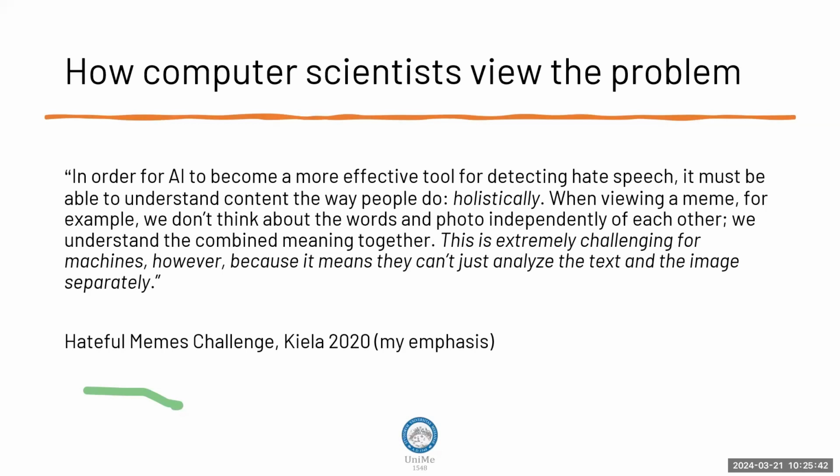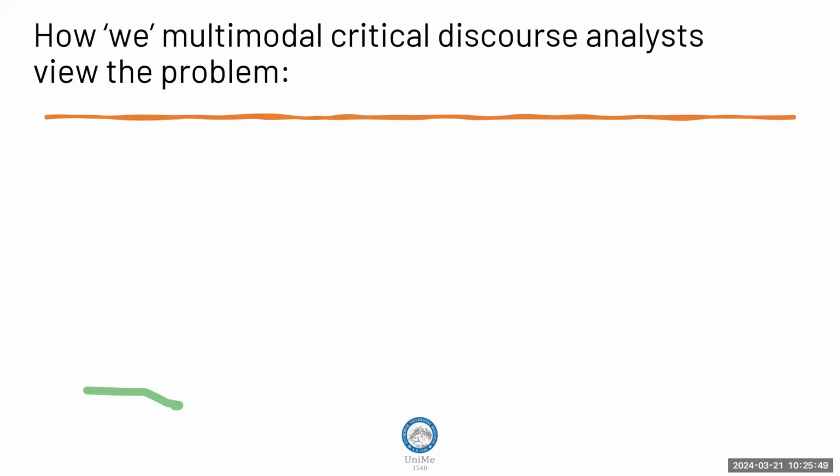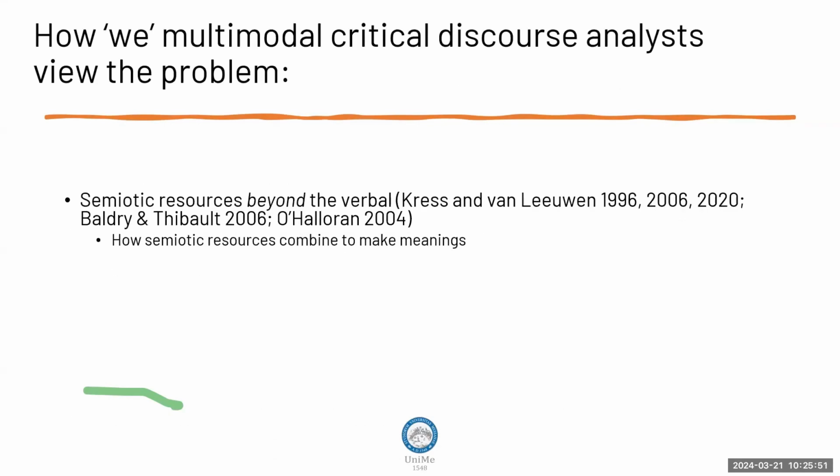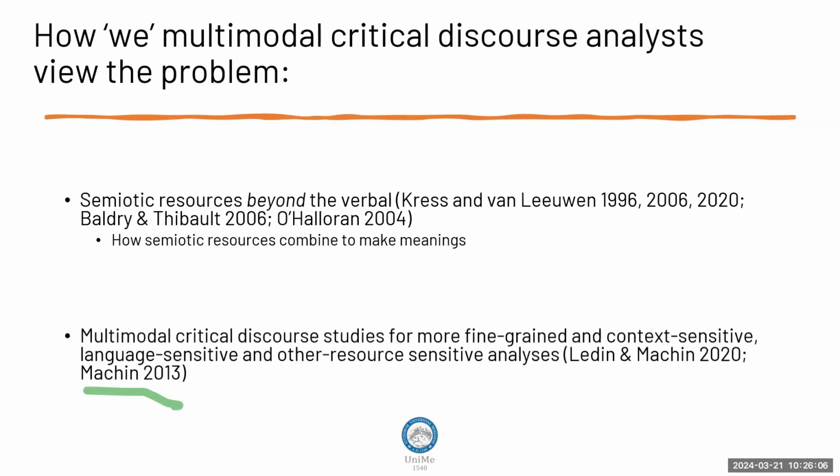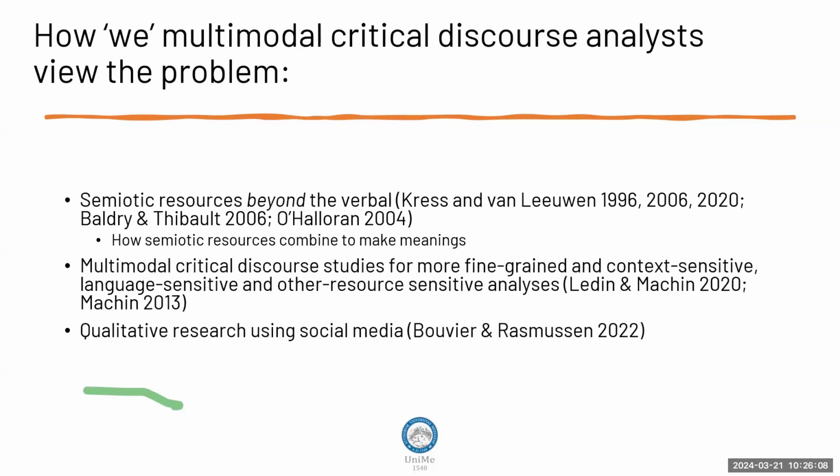So the notion of being holistic and considering the interplay between text and image. As a multimodal analyst, I see semiotic resources as going beyond language, and I'm interested in seeing how semiotic resources combine to make meanings.